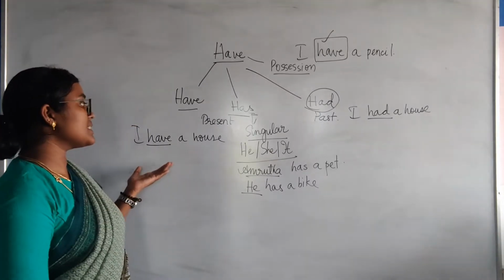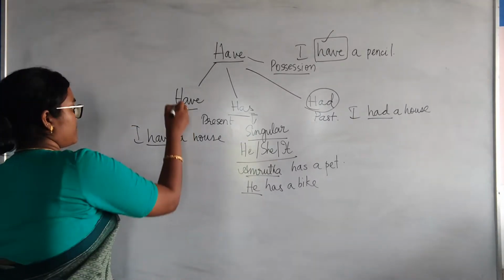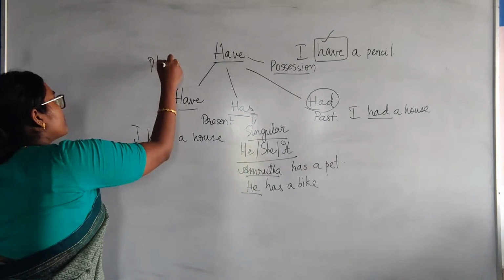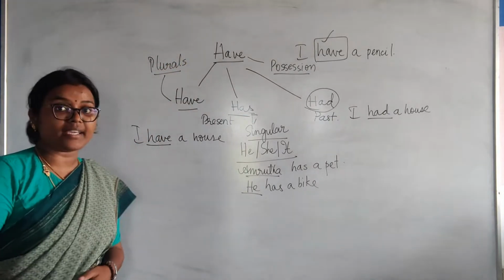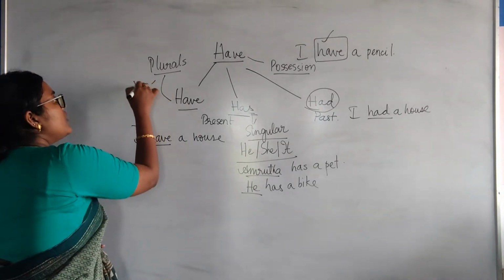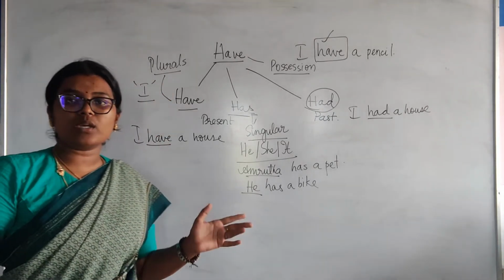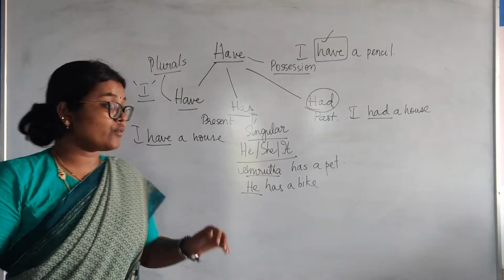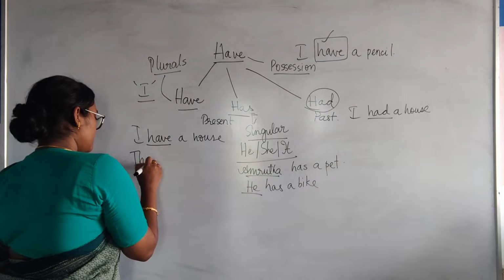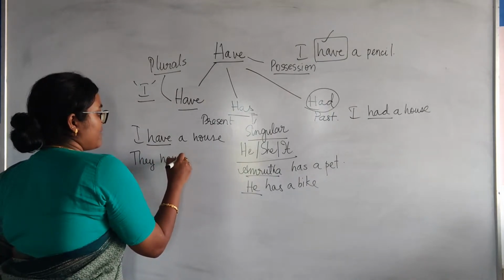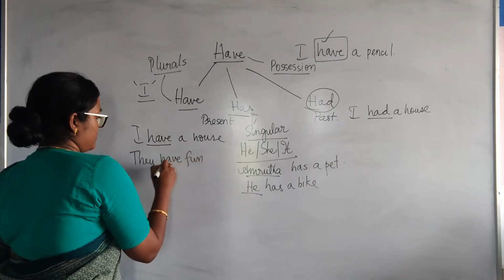And have is used in case of all plurals. So in case of all plurals and I is an exception here as well. So with all plurals and I, we generally tend to use have. For instance, I have a house. They have fun.